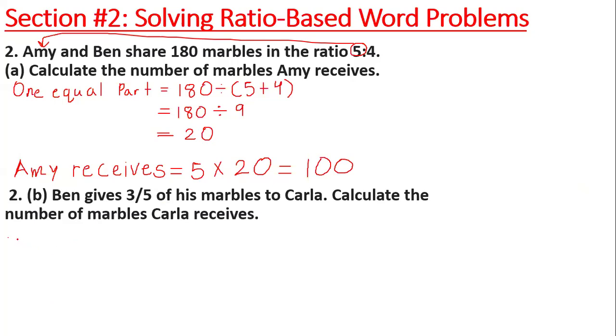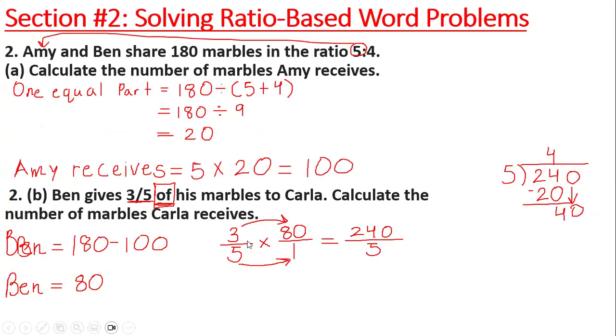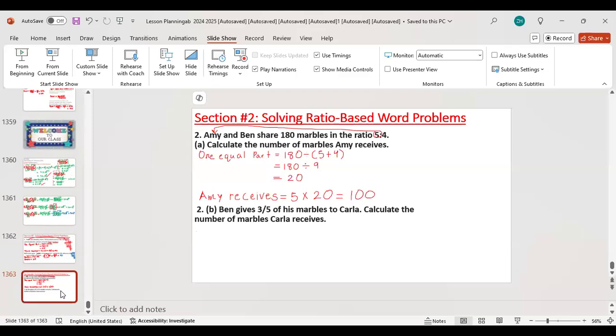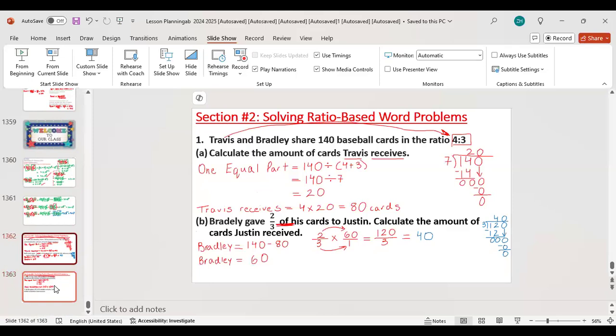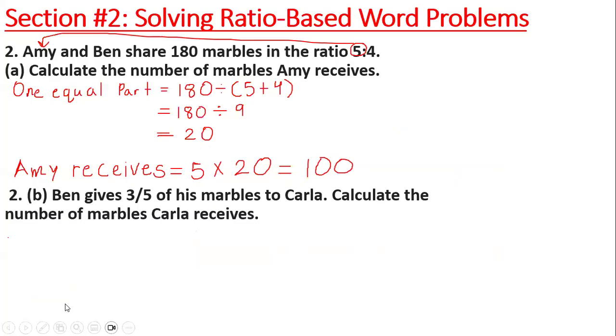Can you do Control Z to put it back? I know what's happening. I don't know, it just wouldn't.